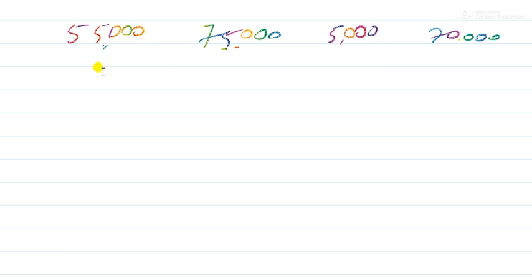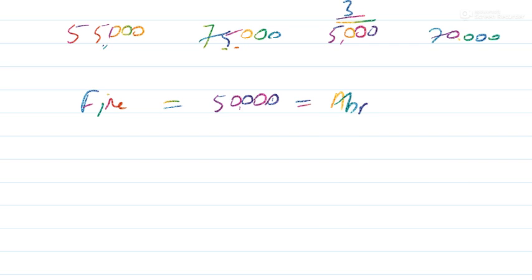But in the problem, they have given us information that in the third year, a fire took place, because of which the firm suffered a loss of 50,000. This is an abnormal loss.